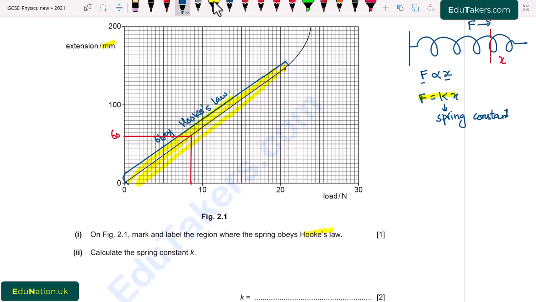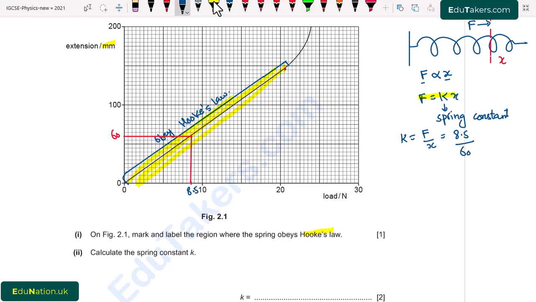Now using this formula, K is equal to F over X. So load is 8.5 here. I write here 8.5 divided by the extension, which is 60 millimeter.